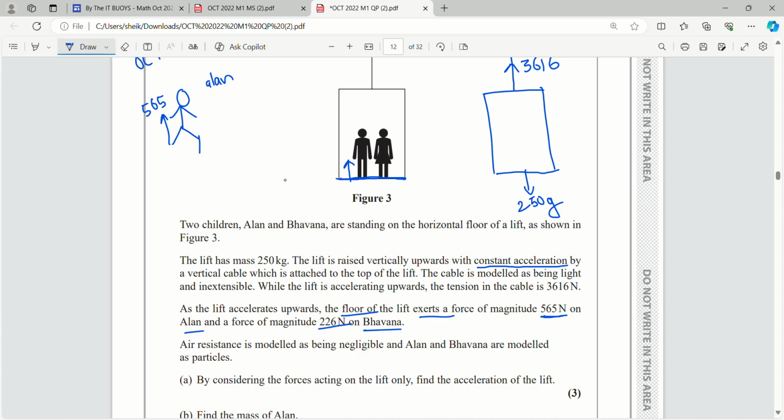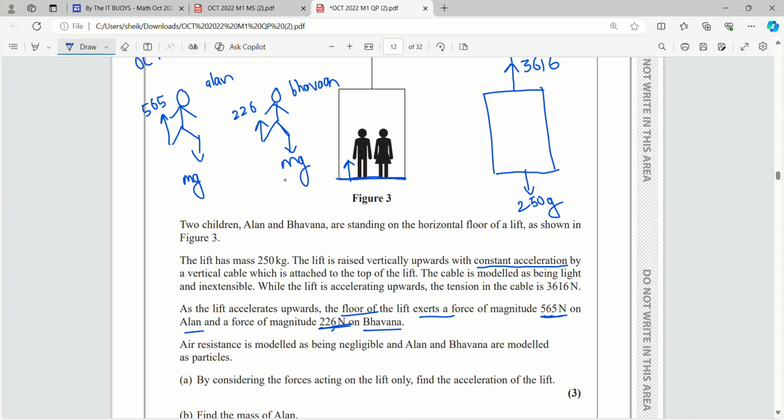And then Alan has his own mg, okay? And then Bhavana has her own normal reaction force from the lift, which is 226 newtons, and then she has her own mg, right? The lift is giving them 565 and 226 newtons respectively.